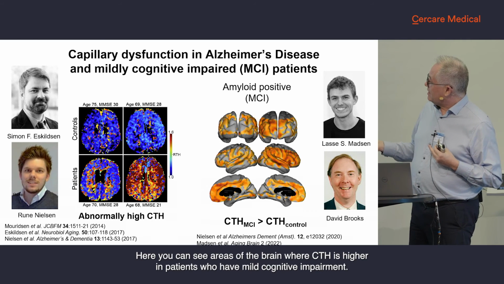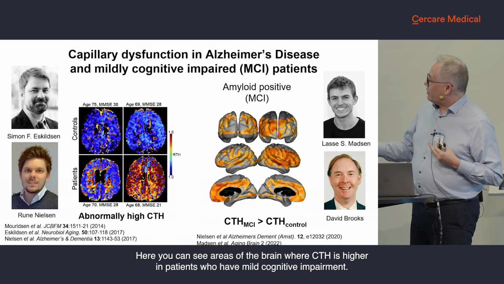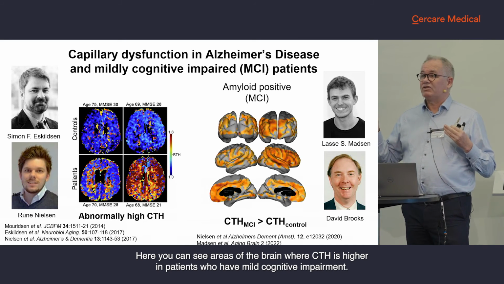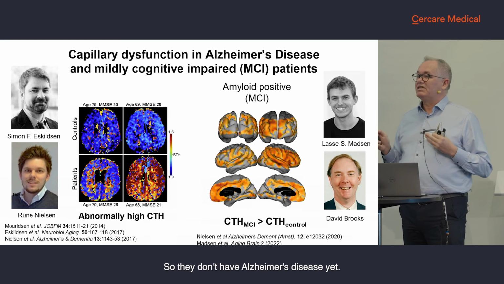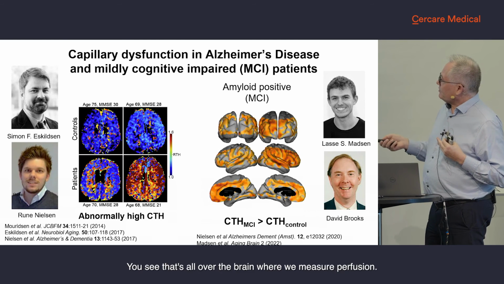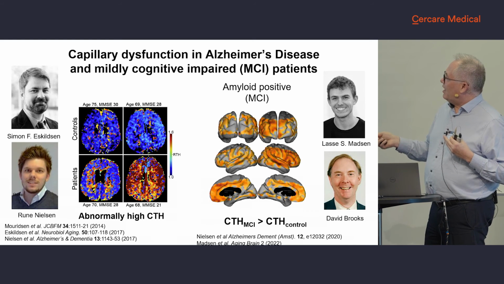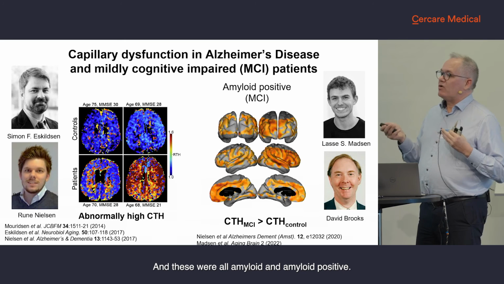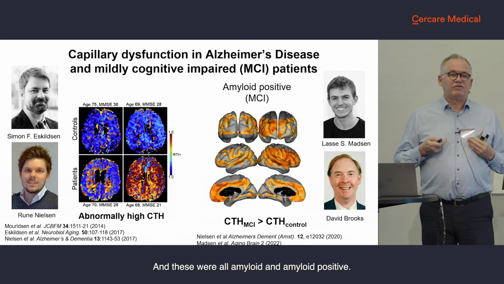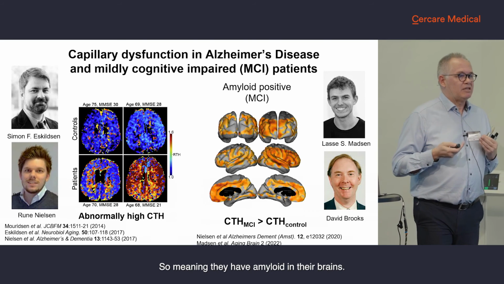We've looked more into that. Here you can see areas of the brain where CTH is higher in patients who have mild cognitive impairment, so they don't have Alzheimer's disease yet. You see that's all over the brain where we measured perfusion. And these were all amyloid positive, meaning they have amyloid in their brains.